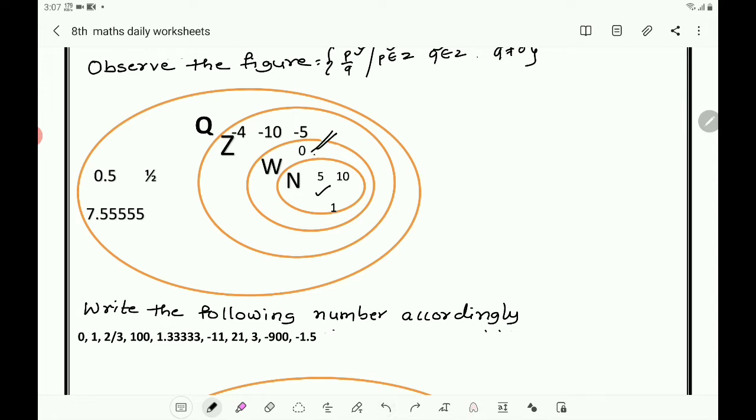You can write 2 in the set of natural numbers, but this 2 is also a whole number, also an integer, also a rational number.